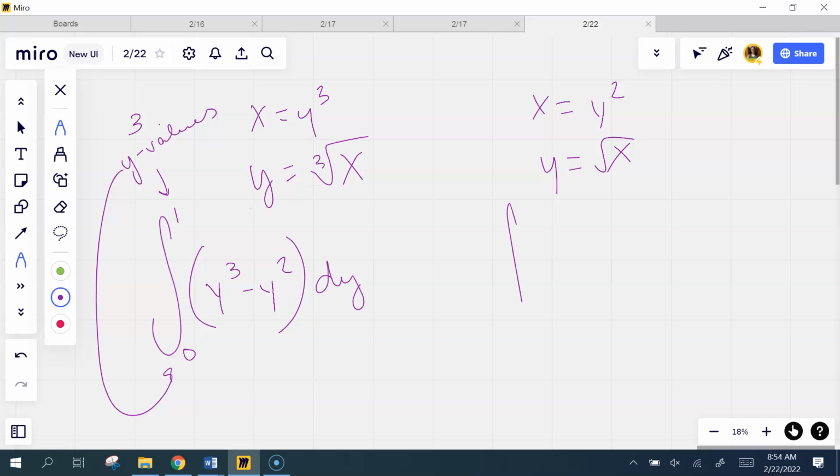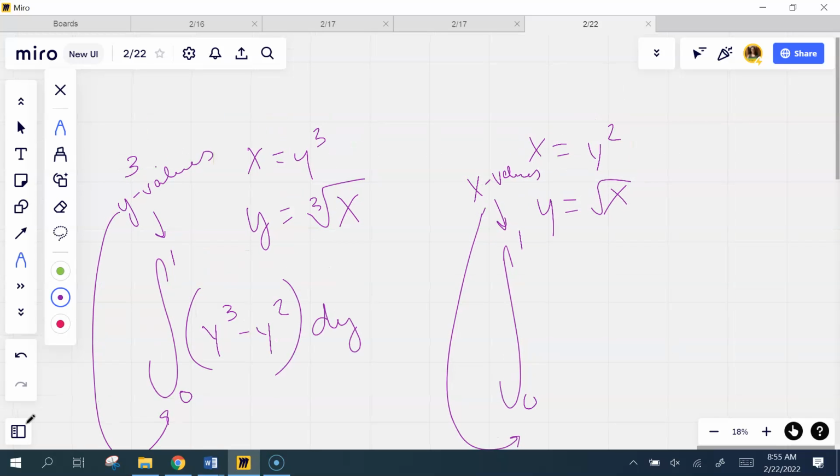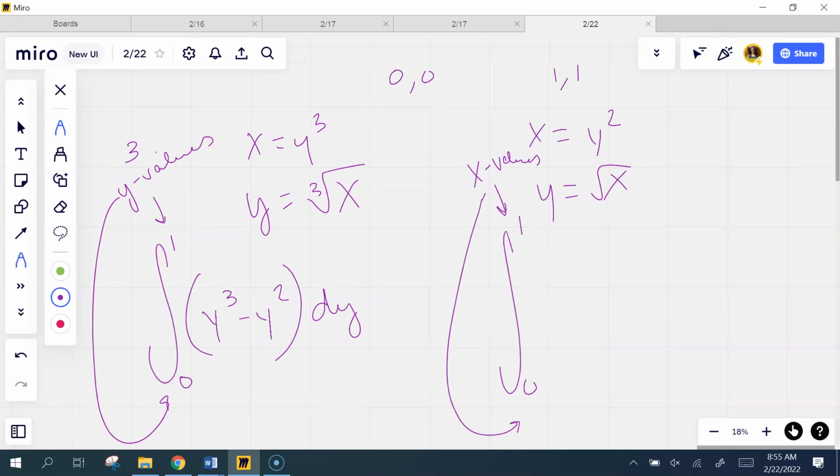Or I could do from 0 to 1, now these are x values. And I'm defining that here for you so that you see the difference, because these intersection points were 0, 0, and 1, 1. So my x and my y values were the same at each point. If this had been 1, 2, this one would go from 0 to 2, because I'd have to take the y instead of the x, because I'm doing it with respect to y.